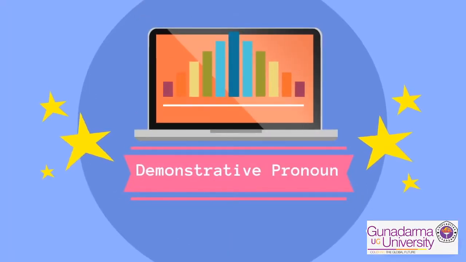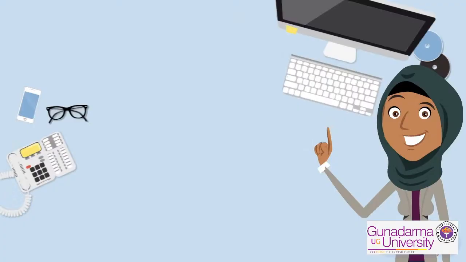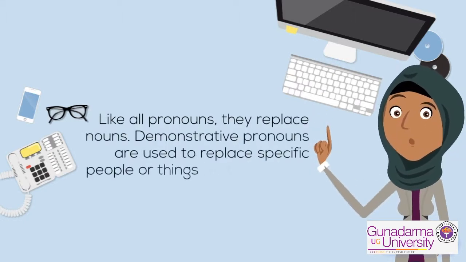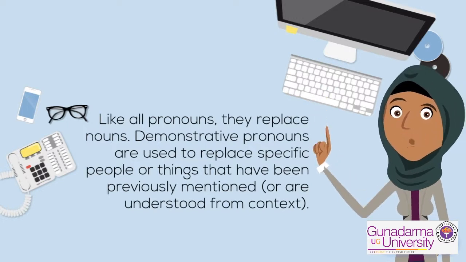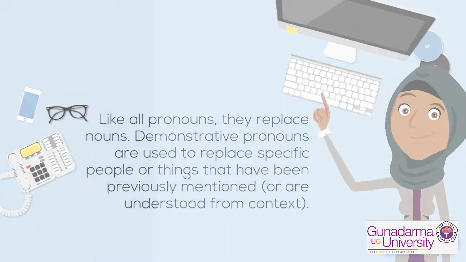Demonstrative pronoun. What are demonstrative pronouns? Like all pronouns, they replace nouns. Demonstrative pronouns are used to replace specific people or things that have been previously mentioned or are understood from context.